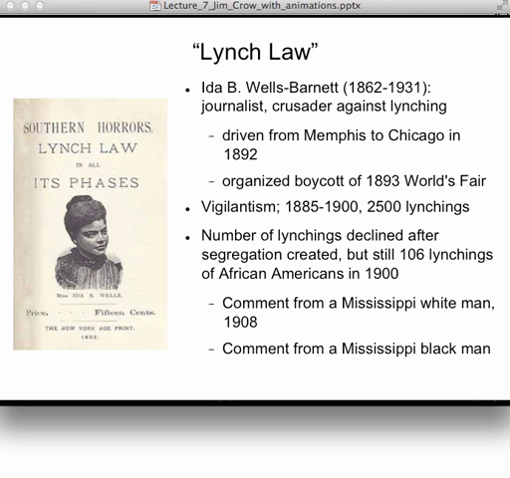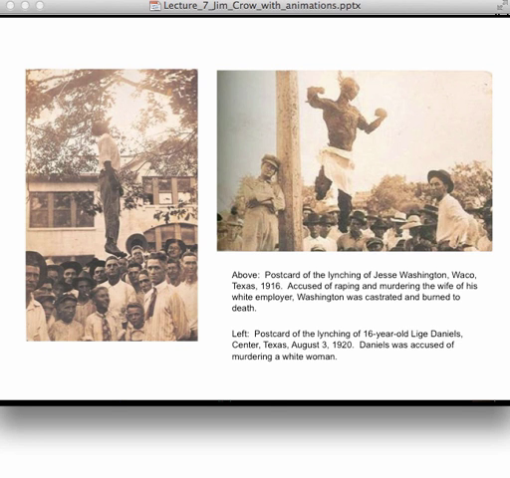I'm going to show you some photographs that are going to be very difficult to look at and actually very painful to see. I'm doing this because I think it's very, very important for all of us to remember lynching and what African Americans suffered through lynching.